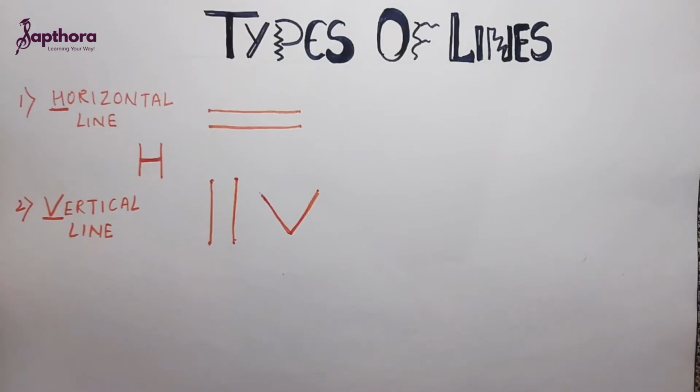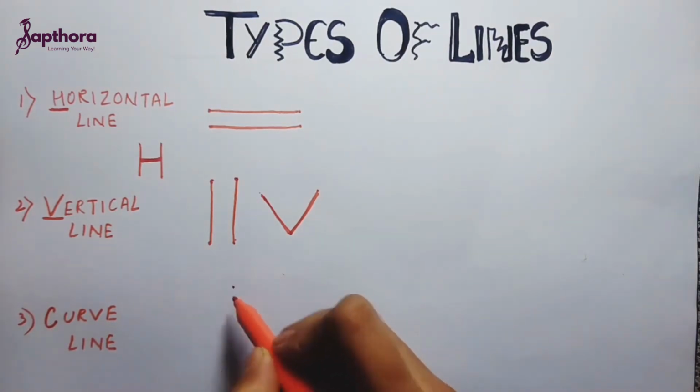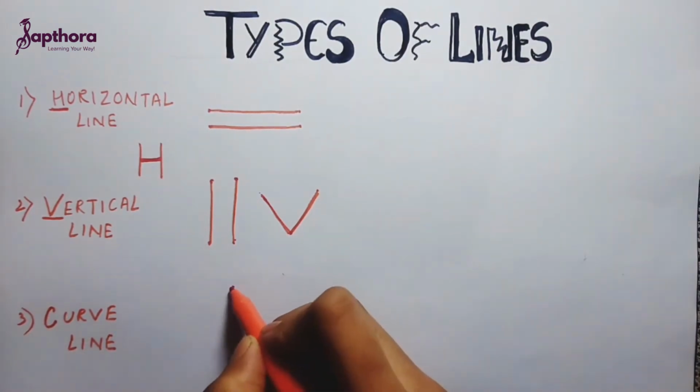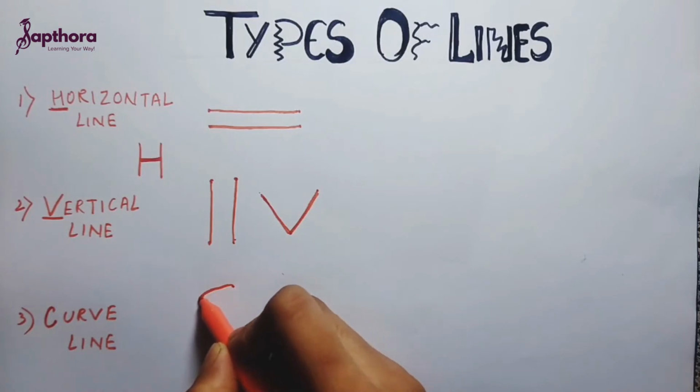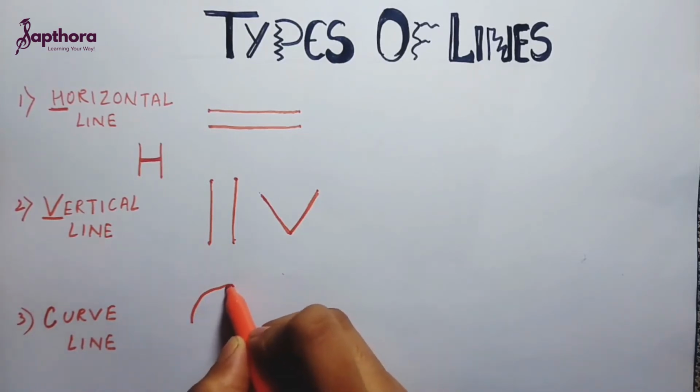Now let's learn our third type of line, that is the curve line, C-U-R-V-E. A curve line is nothing but the first letter of the word curve. It also joins two ends but in a curvy form. So it will go like this.